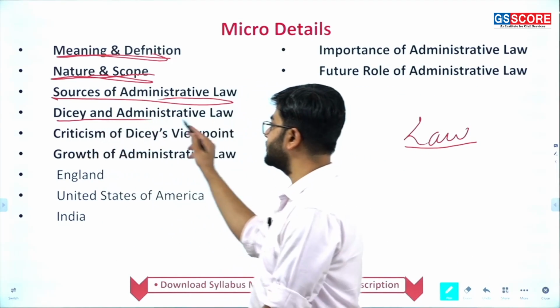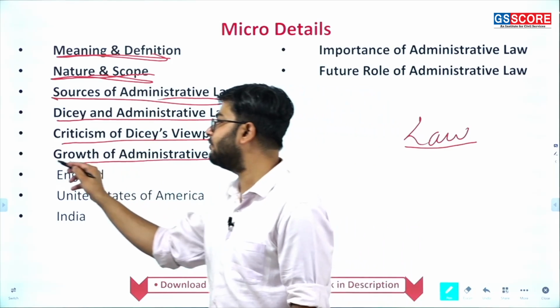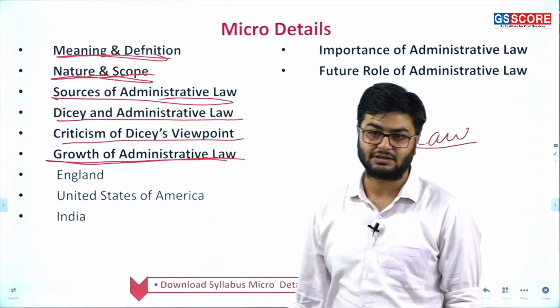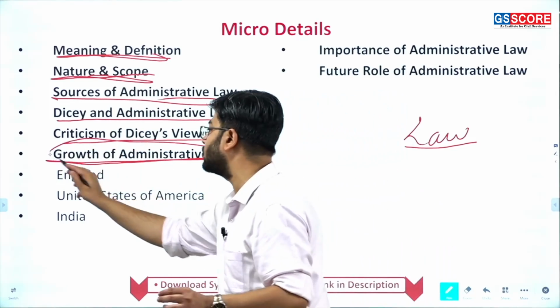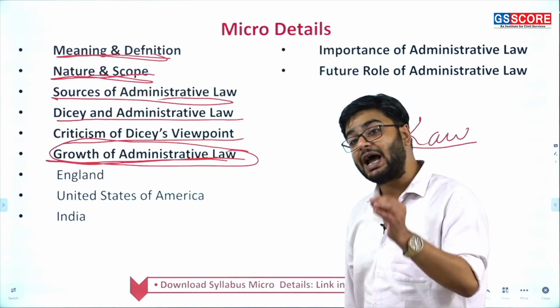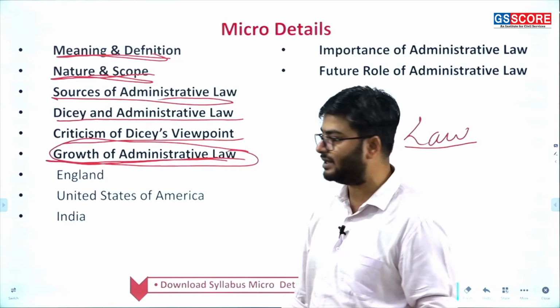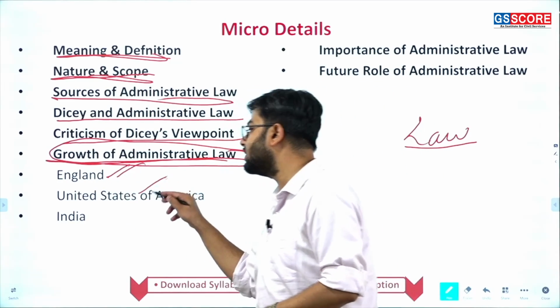Dicey, of course, his view, criticism, and how administrative law has grown over the years. In that, we will have to look at the concept of the growth of administrative law, not just from an Indian lens, but we will have to adopt a comparative orientation, at least vis-a-vis England and the US.